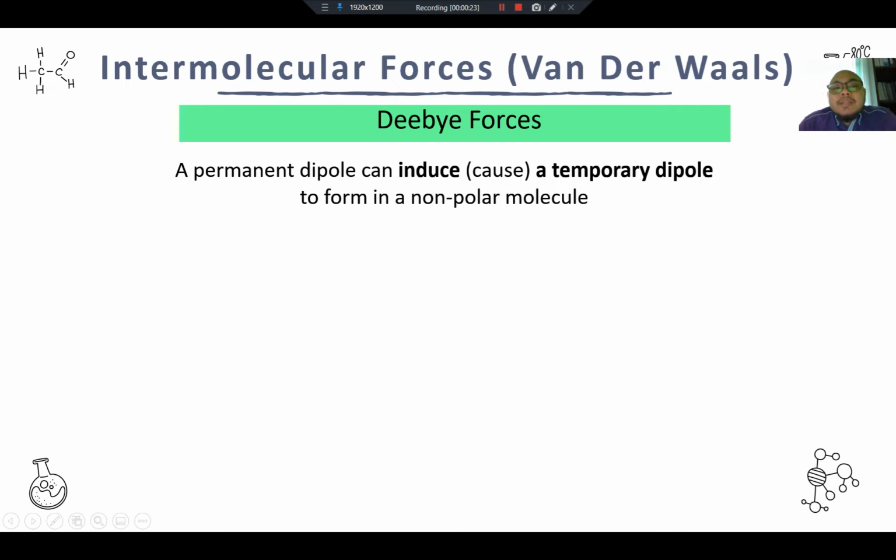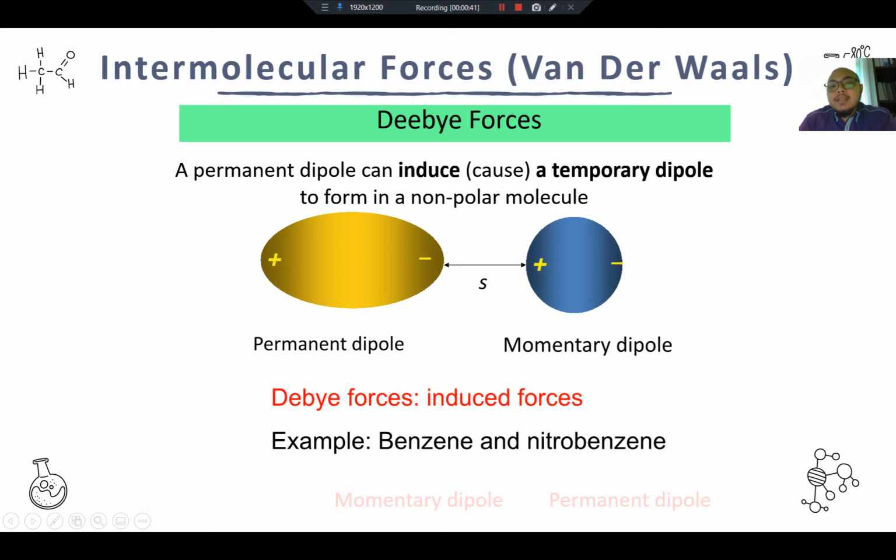So a permanent dipole can induce a temporary dipole to form in a non-polar molecule. Like I said earlier, there is a polar molecule that can induce the non-polar molecule to become a dipole. If you look over here, when a permanent dipole comes and interacts, the non-polar molecule can form a momentary dipole.